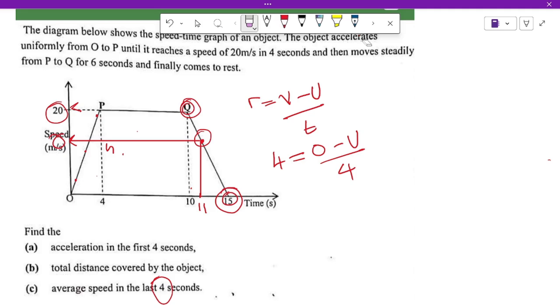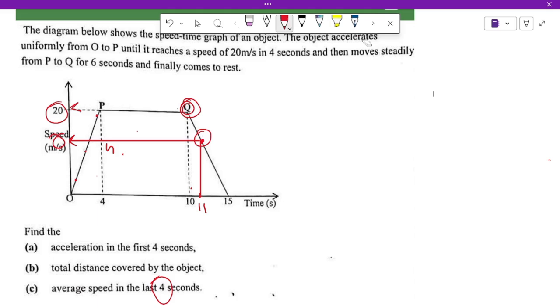Okay, so now let's restart this one so that I make sure that no one gets left behind. We are calculating the retardation for the last 4 seconds. The last 4 seconds, so it's going to be 15 minus 11, giving us 4 seconds from here to there. So we're going to say retardation is equal to u minus v over the time.